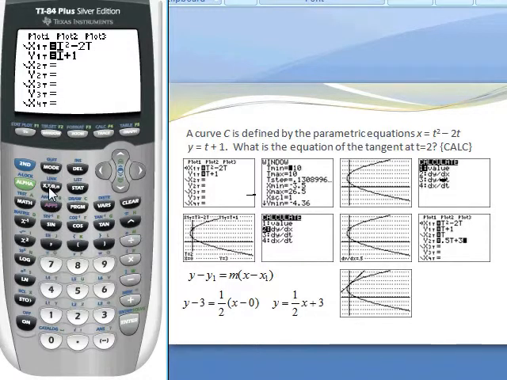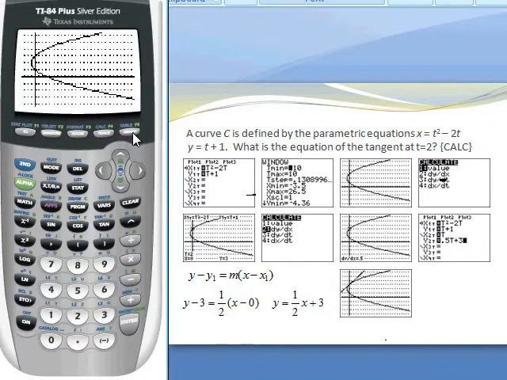I can set x equals t, and that way I can enter everything in terms of t: 0.5 t, plus 3. Now, if I graph it, you're going to see your curve, and you're going to see the equation of the tangent line. Beautifully done.